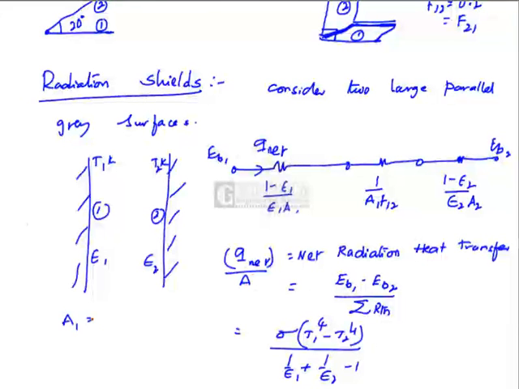Because here A1 is taken as A2 is taken as 1 meter square, F12 is equal to F21 is equal to 1.